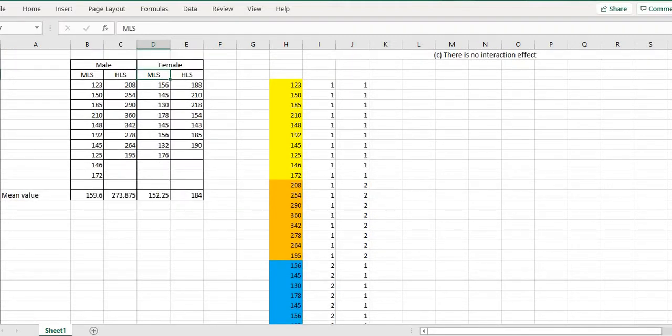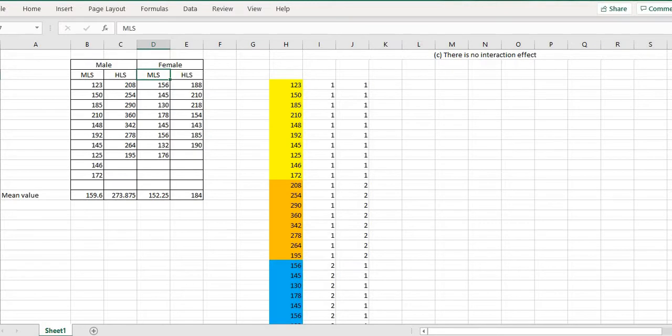For male, I have assigned 1, and for female, 2. Similarly, mild level stress has been coded by 1, and high level stress is coded by 2.